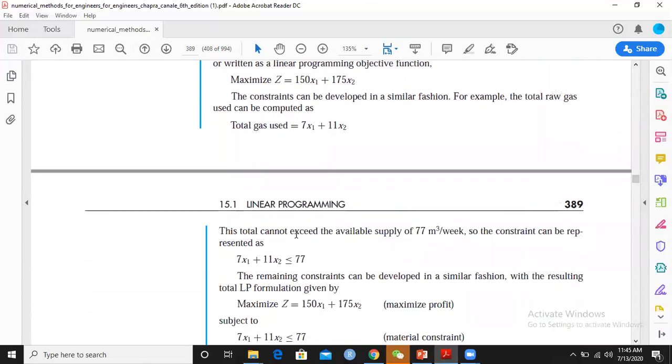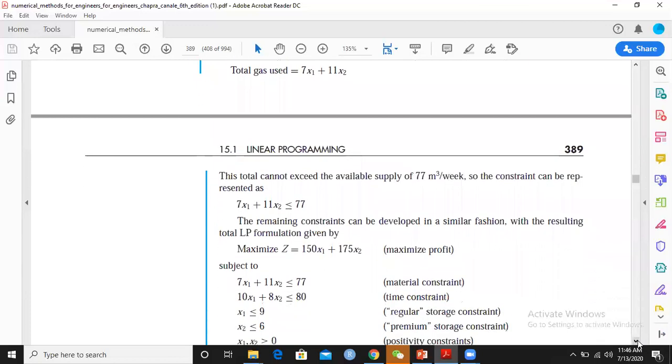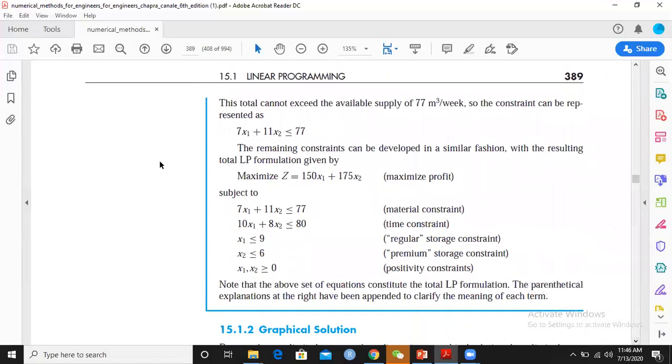So we will say this total cannot exceed the available supply of 77 meter cube per week, so that the constraint can be represented as this inequality. Okay, now I have got one constraint, and how many variables are there? Two. Okay, so I would like to have some more constraints so that I can get a clear picture in my mind.